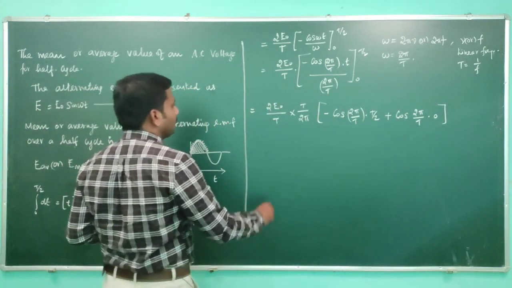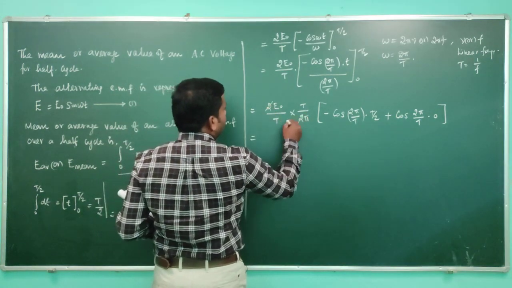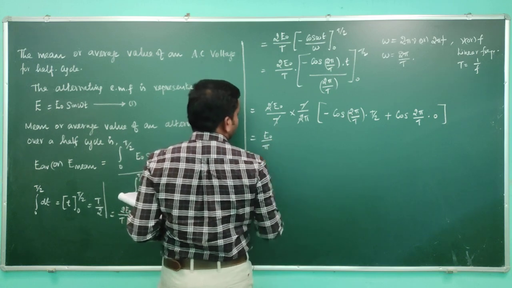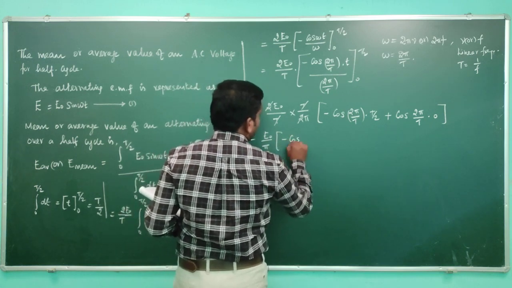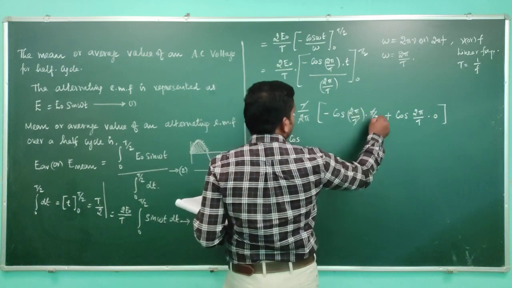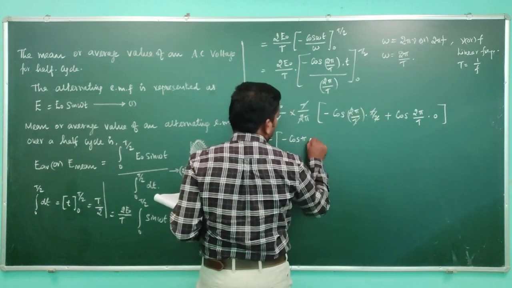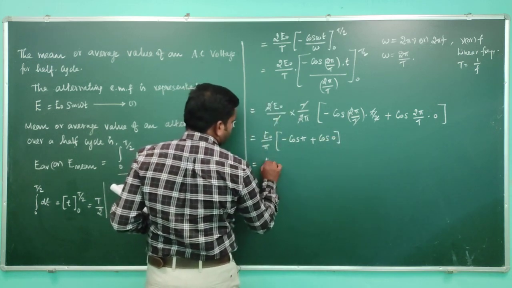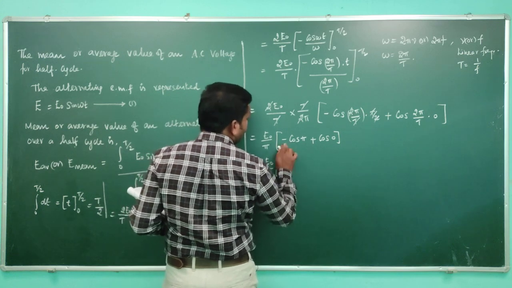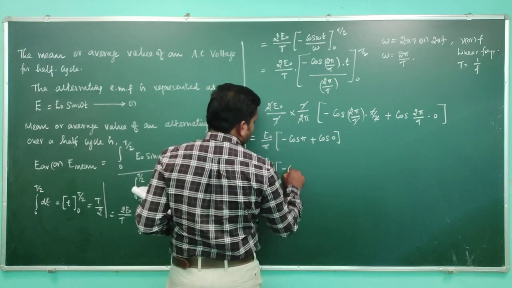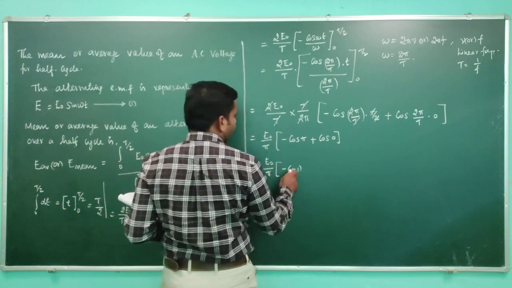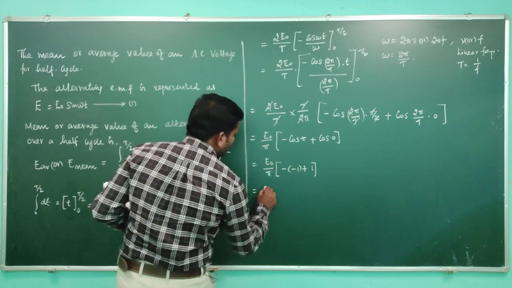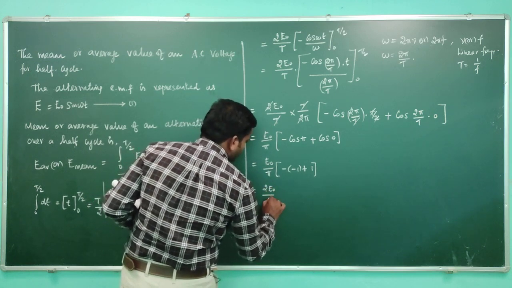Okay, here 2 and 2 will cancel, T and T cancel, so remaining is E naught by pi, and this side minus cos pi plus cos 0. So this is equal to E naught by pi, minus cos pi, where cos pi equals minus 1, so minus of minus 1 plus cos 0 which is 1, so this term becomes 2, so 2 E naught by pi.